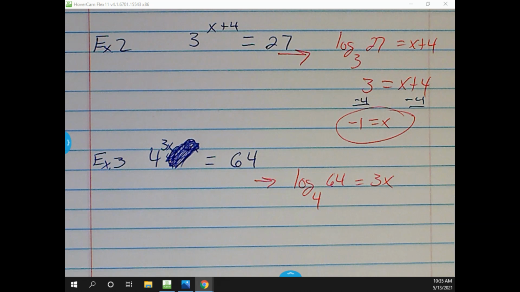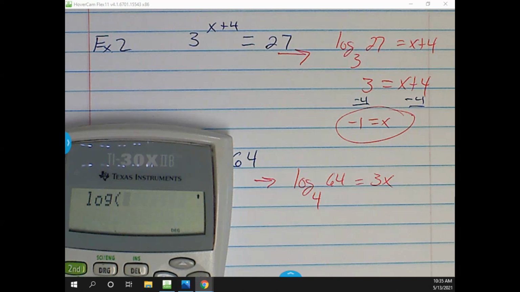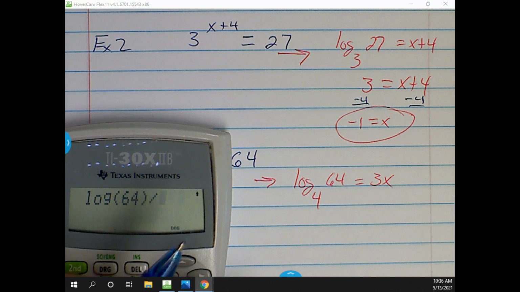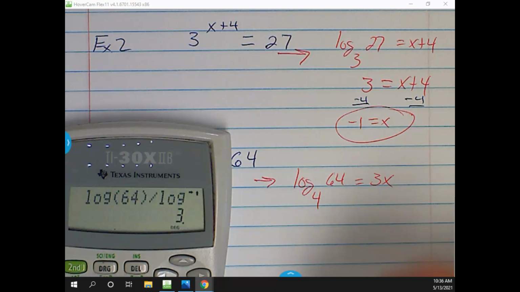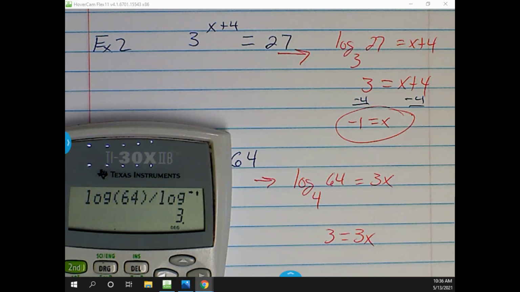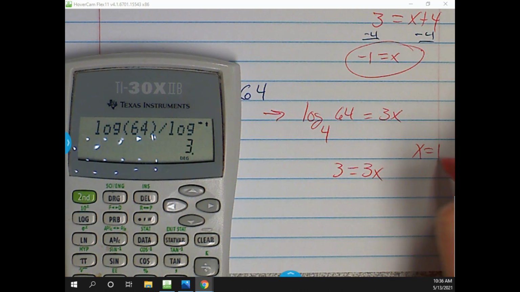We've got log of 64 base 4 would equal 3x. All right, and again, there's where we get to use our calculator. So we've got log of 64, close it off, divided by log of 4. That would be 3. And with 3 equal 3x, just divide both sides by 3, so then we get x equals 1.